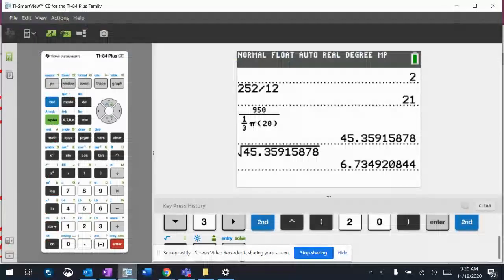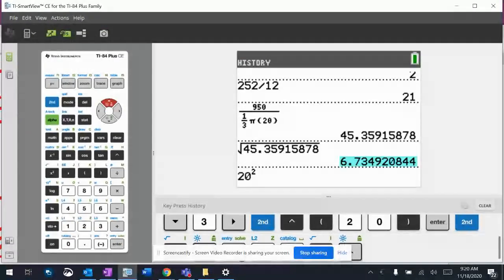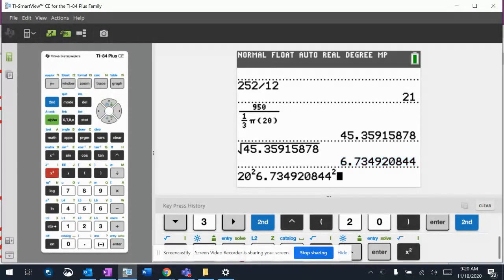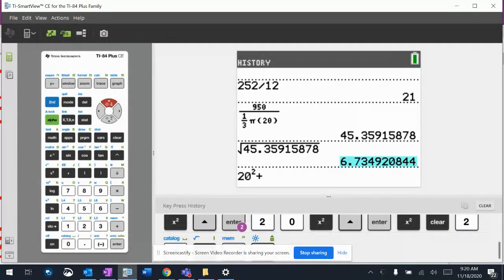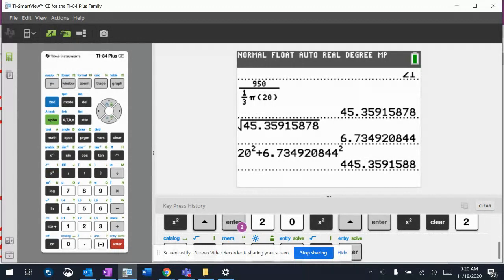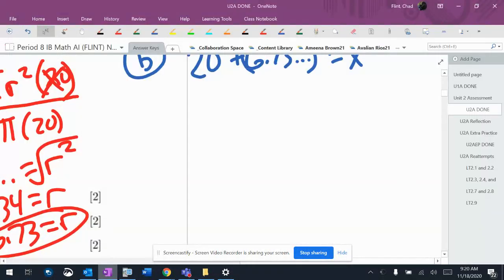I'm going to take my calculator. You can use the rounded decimal. I mean, I don't see a need to because the whole decimal is right here. I didn't put a plus in there. So 20 squared plus that squared. Okay, it's 445.359.